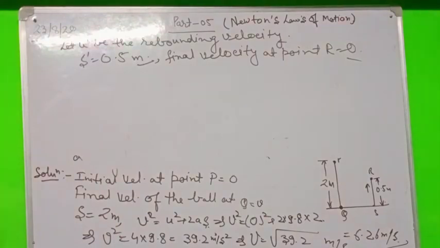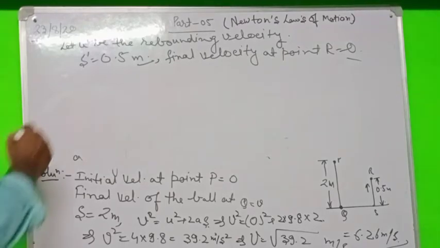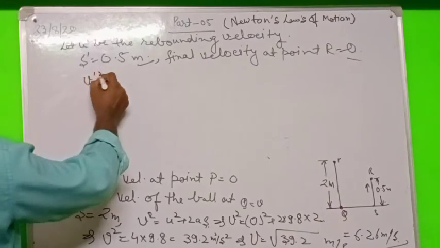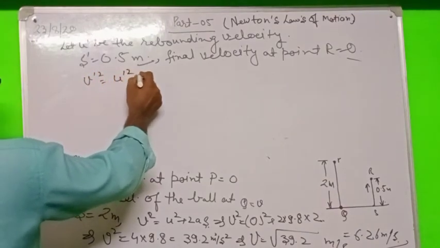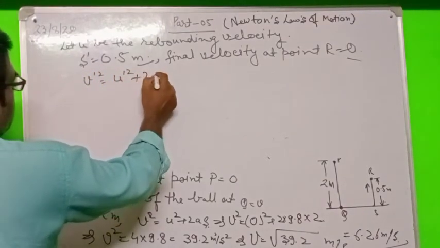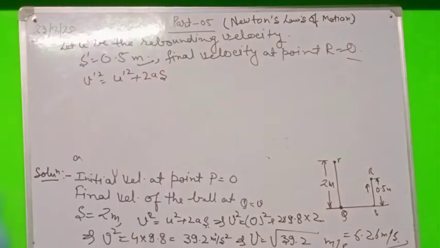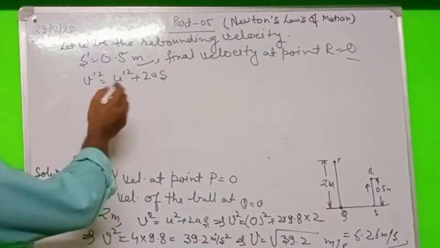Now again we have to calculate the initial velocity u dash. So again applying v dash square is equal to u dash square plus 2as. Since its acceleration is opposite, we will take minus 9.8.